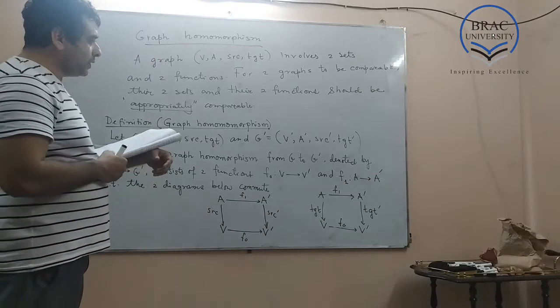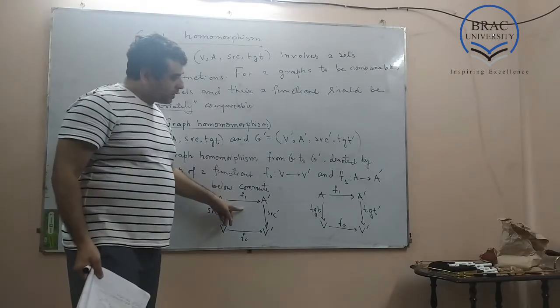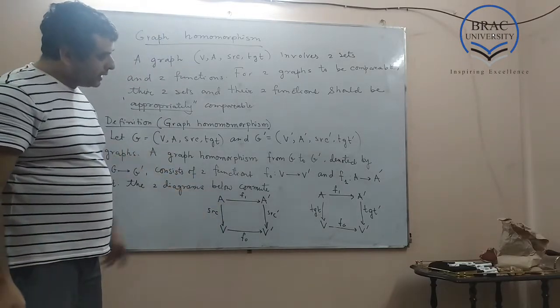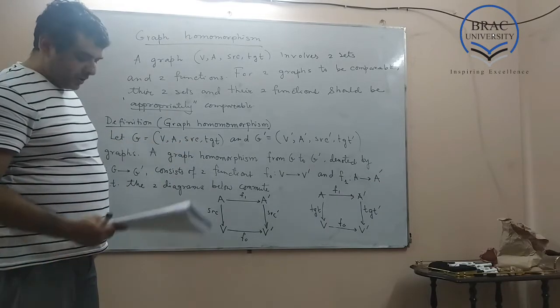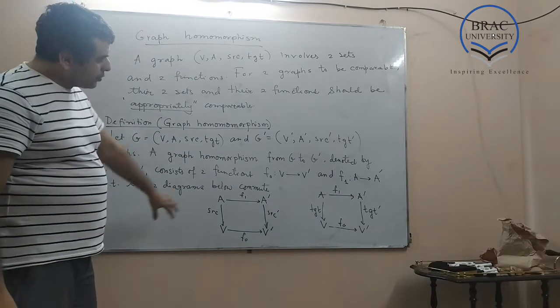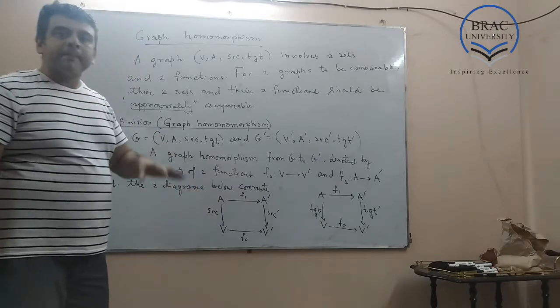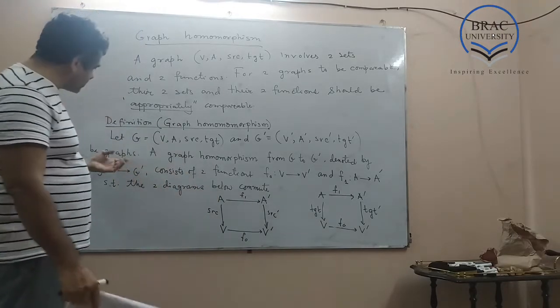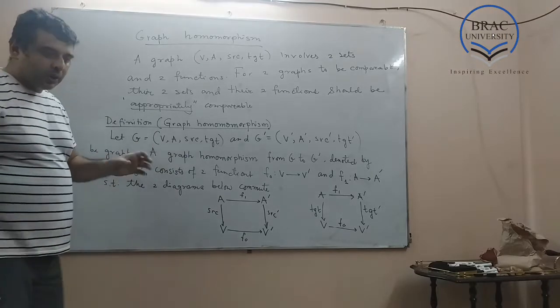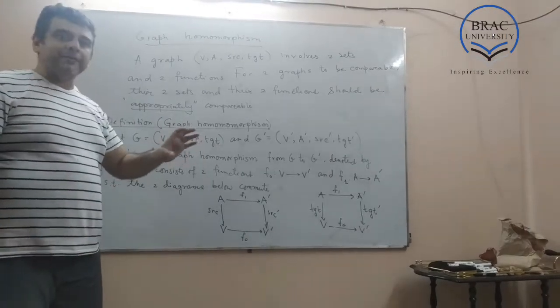So if you think a little deeply, then you see that under this graph homomorphism, the arrows are bound to their vertices, okay? So under the action of this graph homomorphism, the arrows will not behave differently.